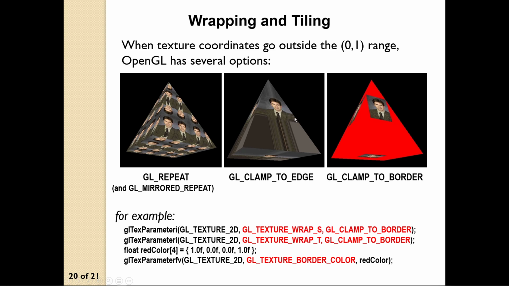You can see here's the original texture in here. Anything that goes beyond is just clamped to whatever it would be at that edge and stretched out. Or clamp to border, meaning anything outside has some sort of border color that just gets mapped by default. So you can set those things according to here. A couple of different options: repeat, clamp to edge, and clamp to border.